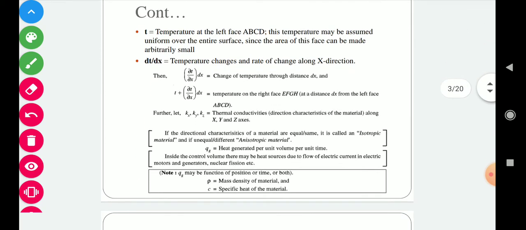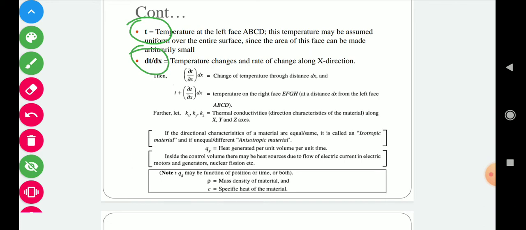Now if T is the temperature at the left face, this temperature may be assumed uniform over the entire surface, since the area of this face can be made arbitrarily small, and dT by dx will be equal to the rate of change of temperature along the x direction.